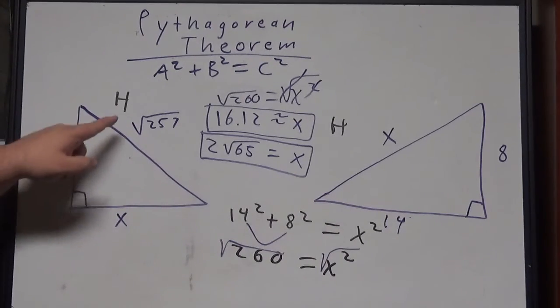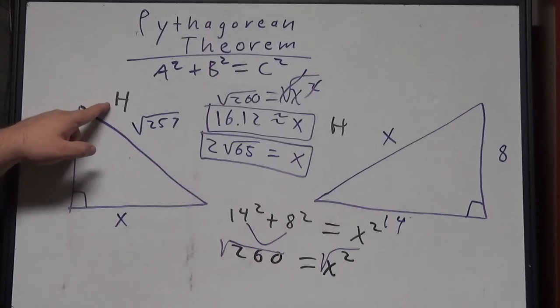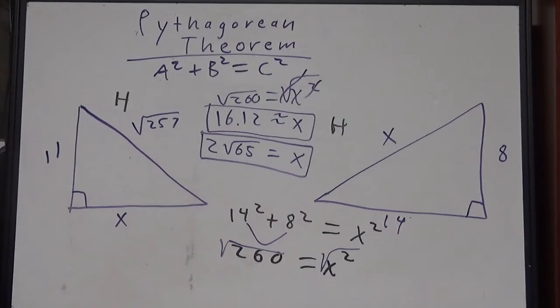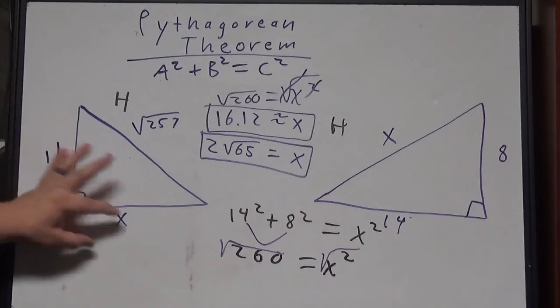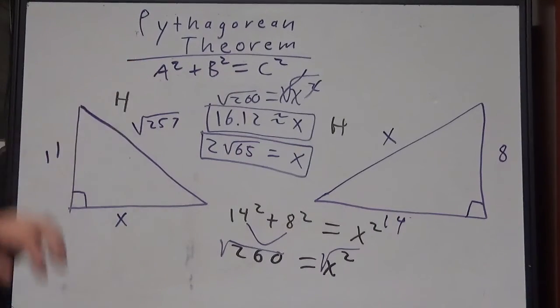First thing you should do, find the side that's not attached to the right angle, label it as the hypotenuse. Second thing, write your equation. One leg squared, plus the other leg squared equals the hypotenuse squared.